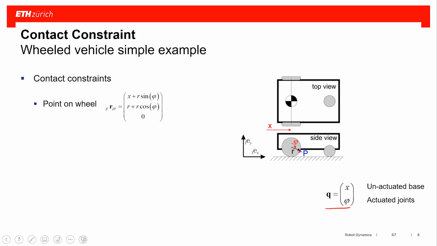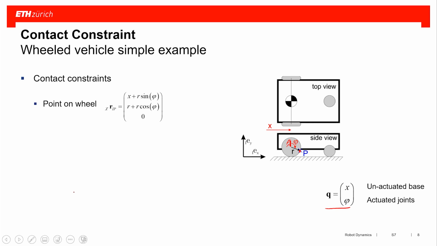Now, this point on the wheel is at x plus r sine phi in x direction, and we go by r plus r cosine phi in y direction. So this phi here starts in the upper vertical position. That's why we have the r sine phi in x and the r cosine phi in y.